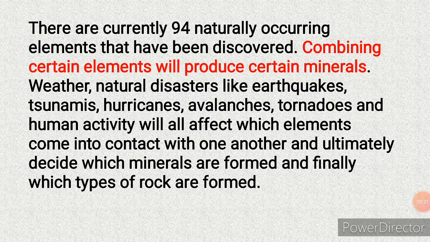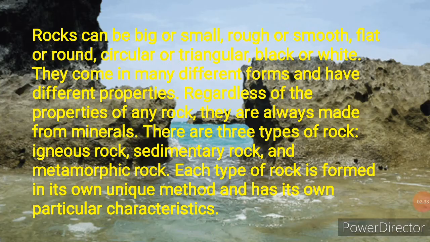And then the elements that come together will decide what kind of mineral will be formed. And then the kind of mineral that forms will determine what kind of rock will be formed. That tells you that there are different kinds of rock. Even though there are different kinds of rock, they are classified into three.